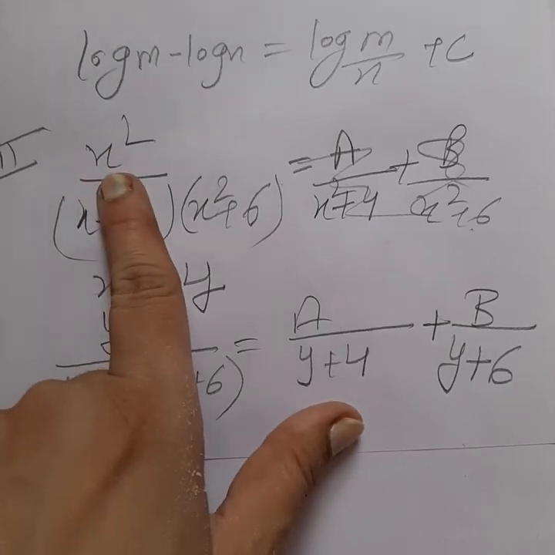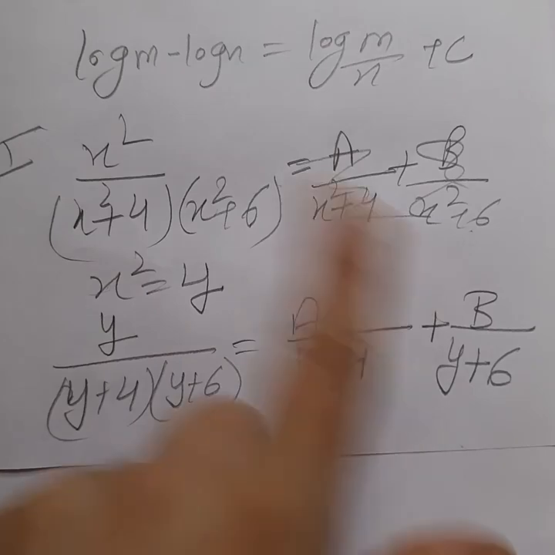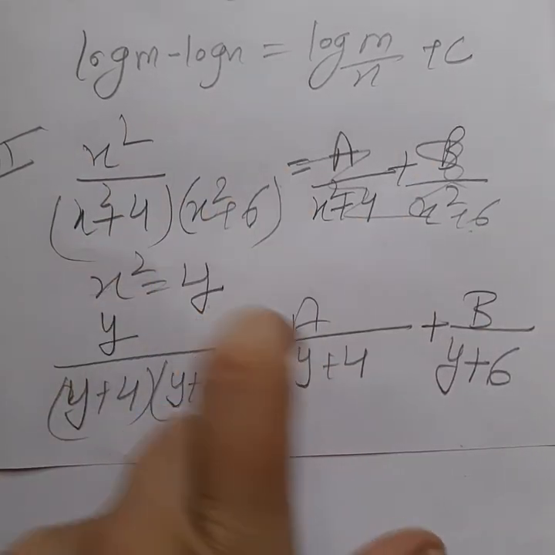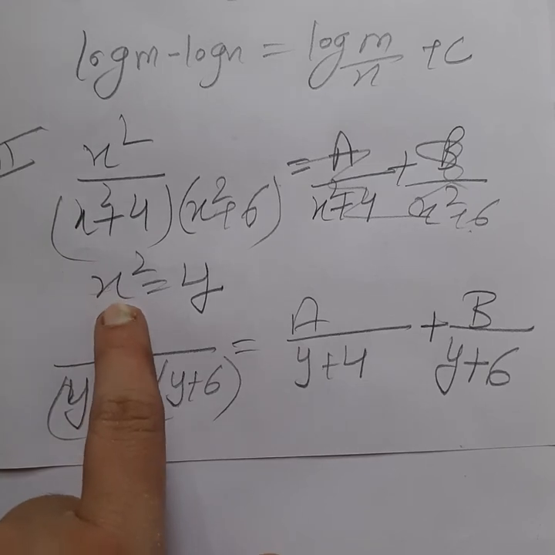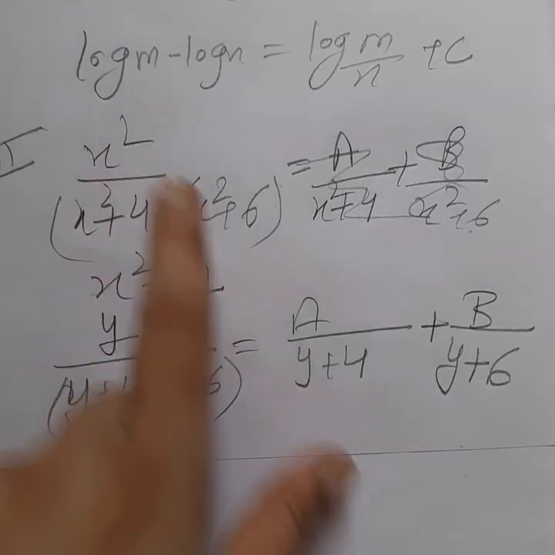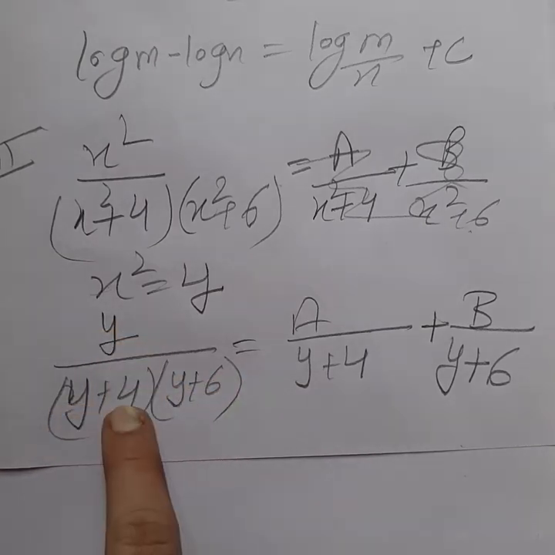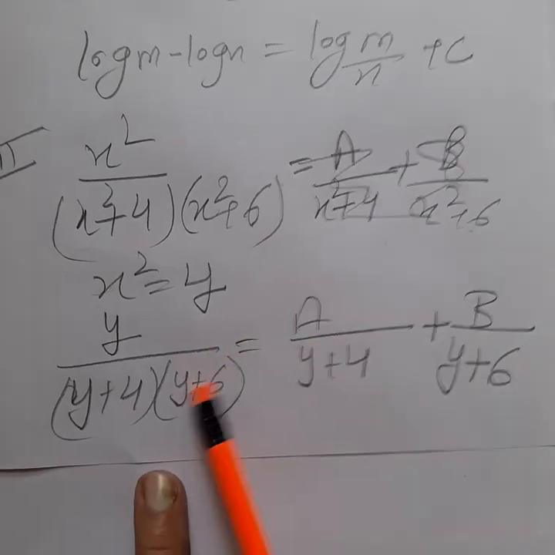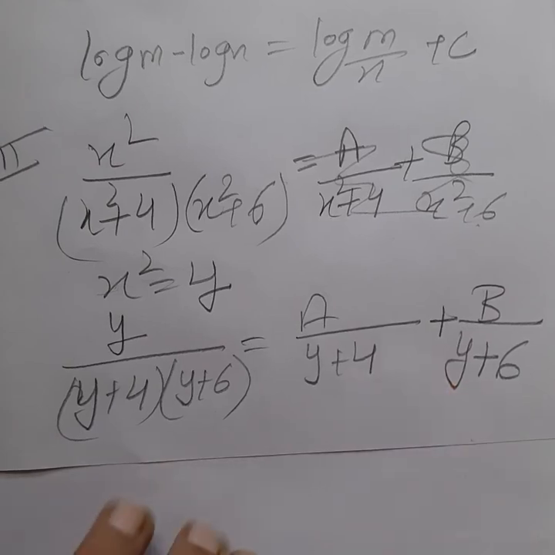If you find the question in this form, you have x square in all your function or x cube or anything else, then you can put the same variable in the form of y, and in this way we get our function in this form: y plus 4, y plus 6. And now we put it as a upon y plus 4 and b upon y plus 6.